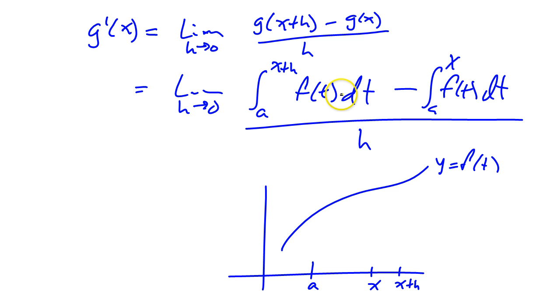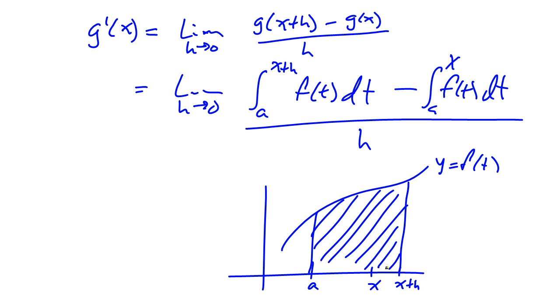So this first integral is the integral from a to x plus h underneath this function. So it's this whole thing from here to there. The second integral is the integral from a to x. So just stop right here. So it's this stuff. So that numerator, being the big integral minus the small integral, is just the stuff in between.